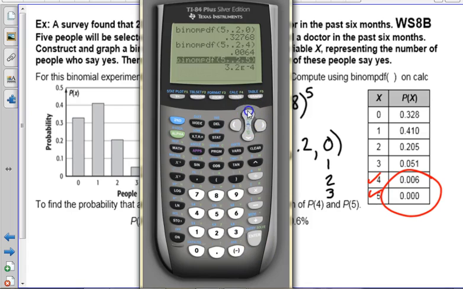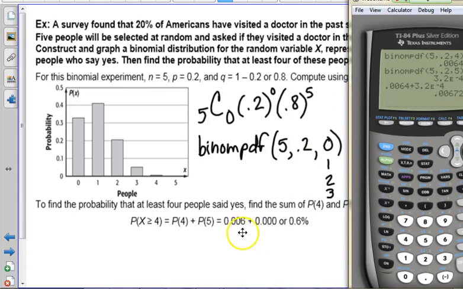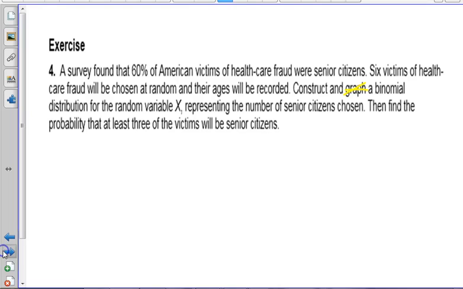And then if we add those together, we get 0.0672, which is pretty close to what they had. It's a little bit higher, okay? So about 6.7% that we would get 4 or 5 people to say they went to the doctor out of the 5 we asked in the last 6 months.